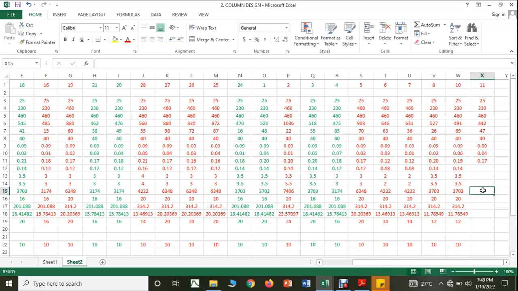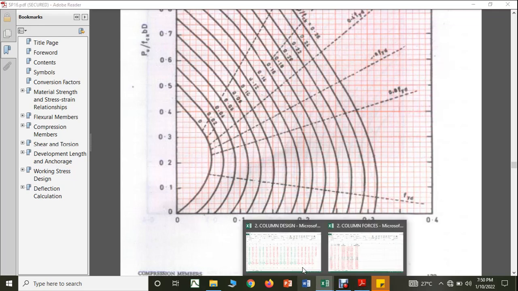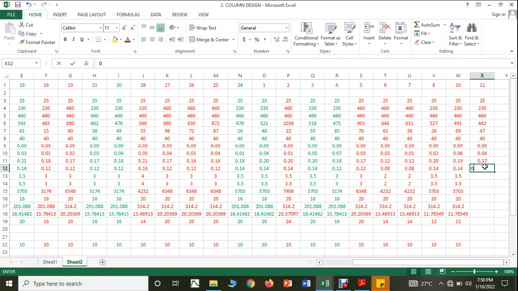So therefore I am going to get 0.17 and 0.04. 0.17 and 0.04, which comes out to be 0.12%. Okay, so 0.12%. So this will be the value. So 3% only I am maintaining.